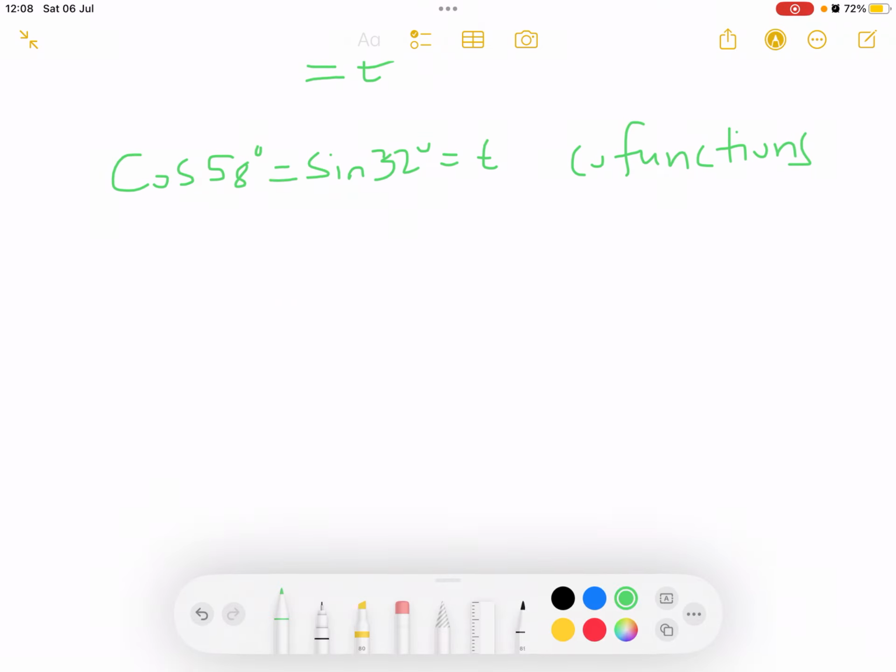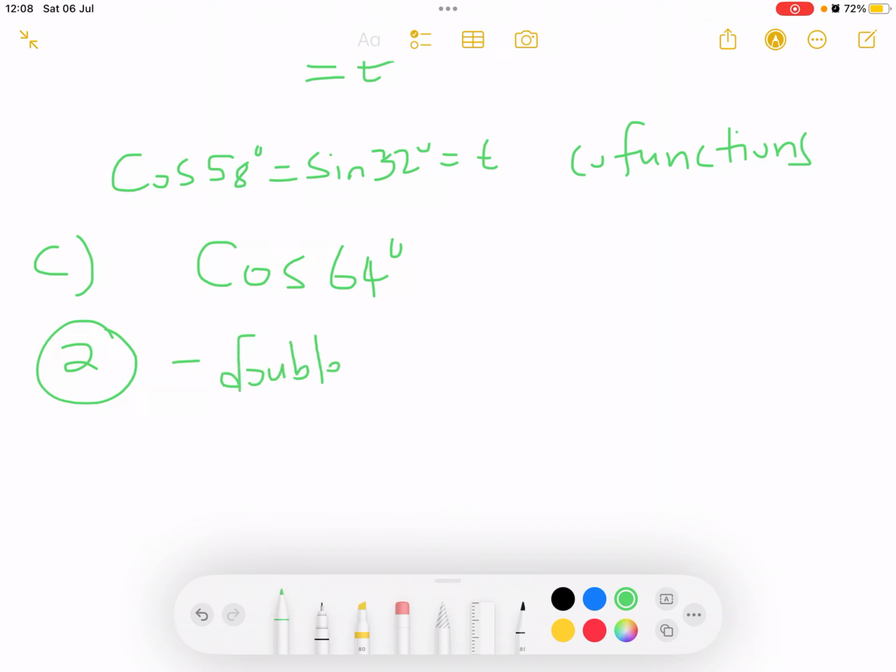So the answer is true. Now we go to C. Now C is cos of 64. Are we given anything about 64? No, we are not. But rule number 2 says we consider using double angles. Now for cos, we have 3 double angles.